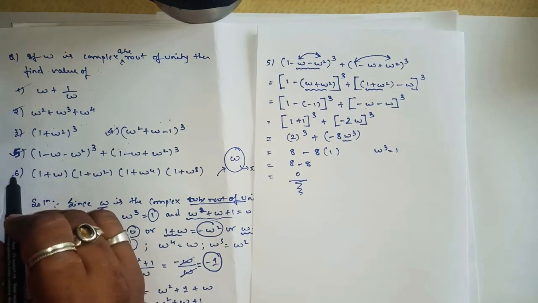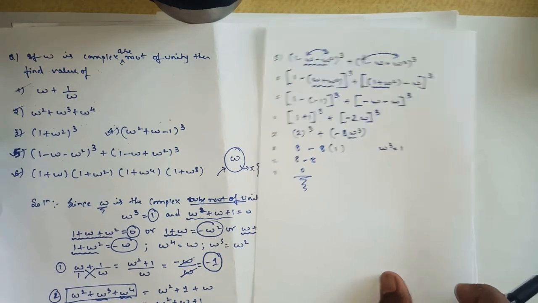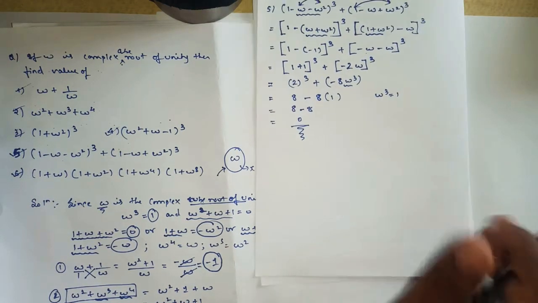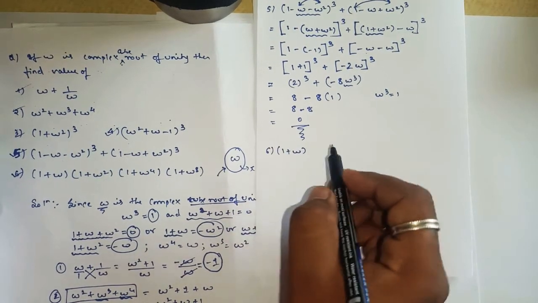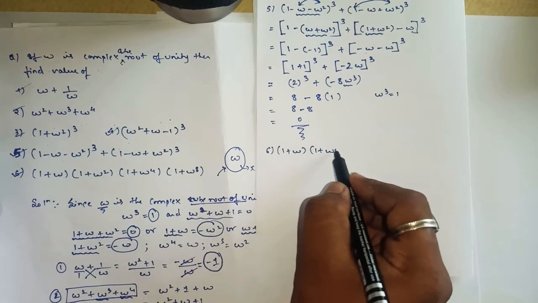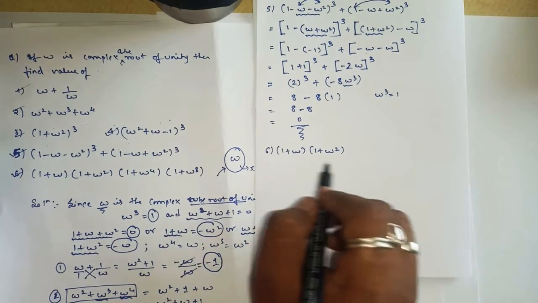So now let's move on to question number 6. In question number 6, it says 1 plus w, 1 plus w square, actually it is not w, remember this, it looks like w but it is actually omega.